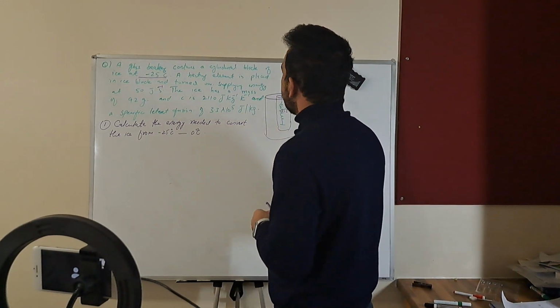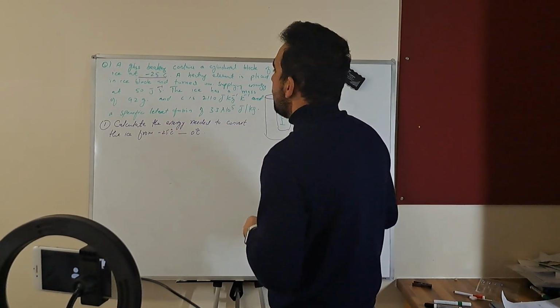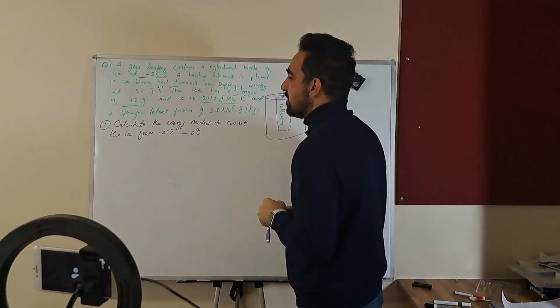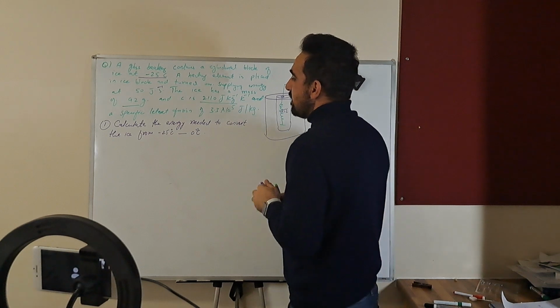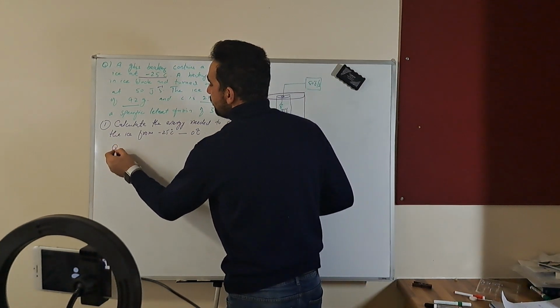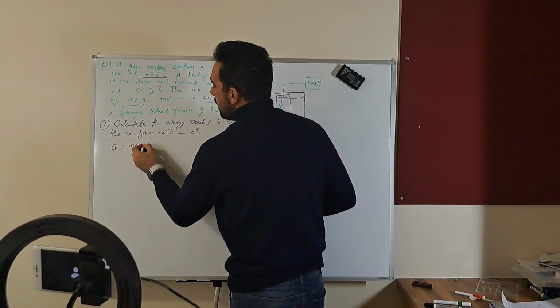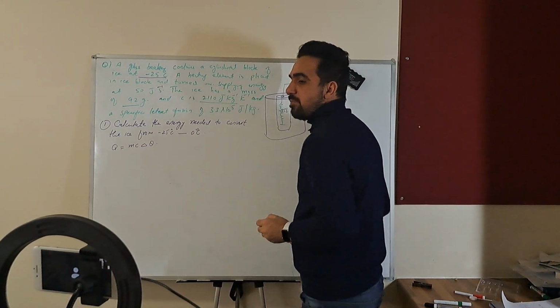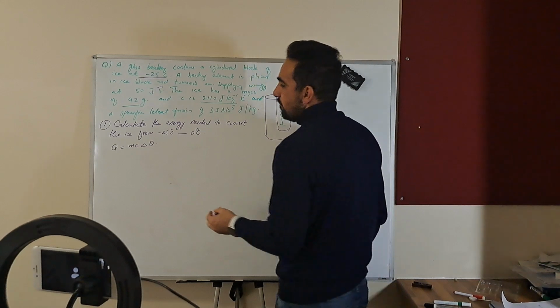And ice, we also got the mass of ice and specific heat capacity. Okay, so it's pretty easy. Q is equal to mc del theta, and change in temperature is 0 minus 25, that is plus 25.